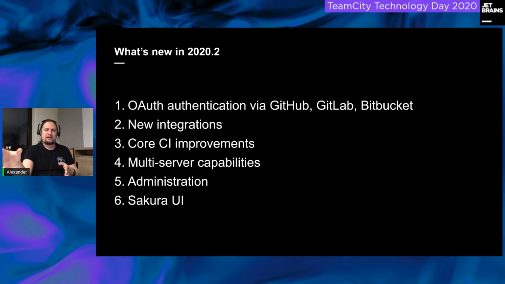And last but not least, many improvements to the new Sakura UI. These, of course, are the highlights of TeamCity 2020.2, but there are also hundreds of bug fixes and other minor changes and improvements.